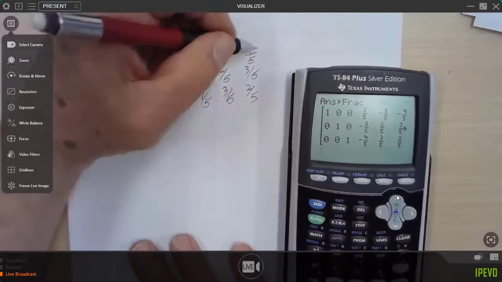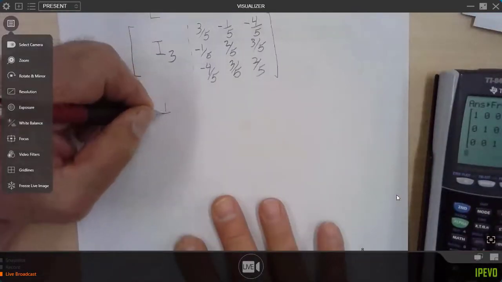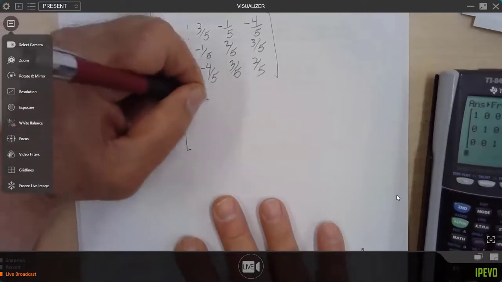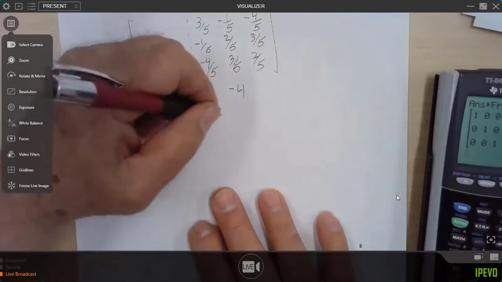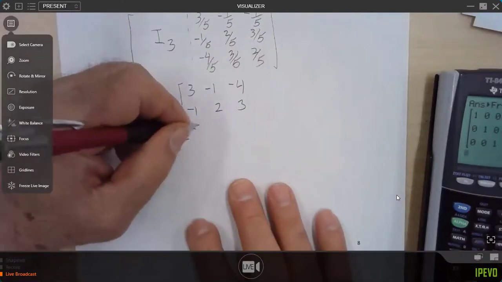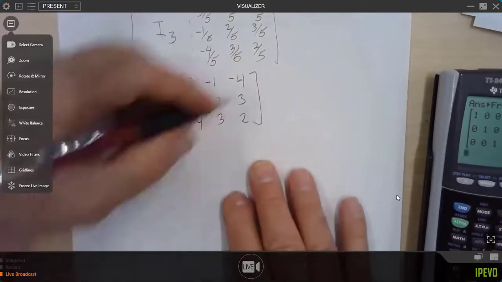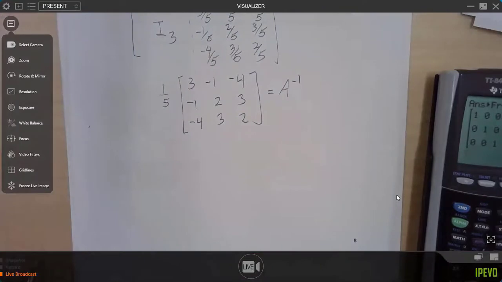And of course, you could write that with a scalar multiple, way nicer. It's 1/5 times the matrix 3, minus 1, minus 4, minus 1, 2, 3, minus 4, 3, 2. And we think that this is supposed to be the inverse. And it is.